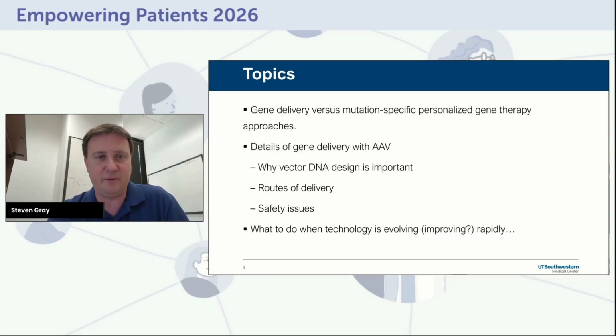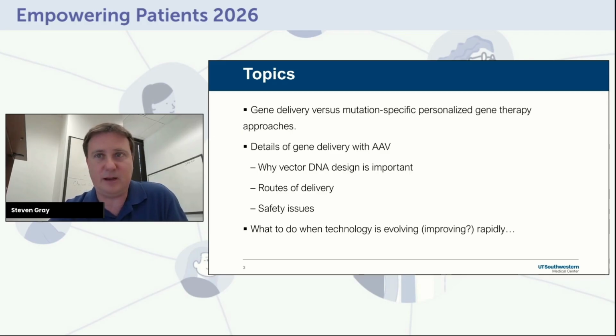And then I'm going to focus really more on using adeno-associated virus, or AAV, as a gene delivery tool, and go into some aspects of that around why the vector DNA design is important and how we express the genes. A small overview on routes of delivery and safety issues associated with some of these vectors and routes of delivery.